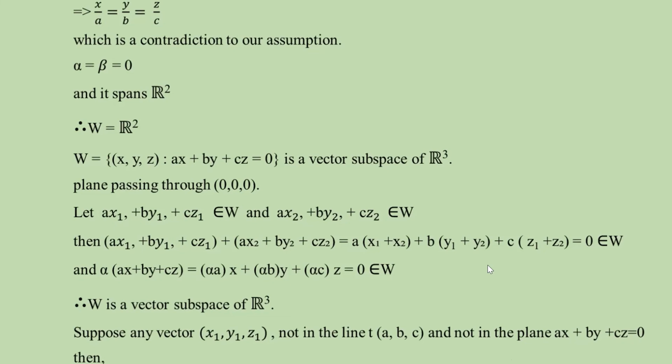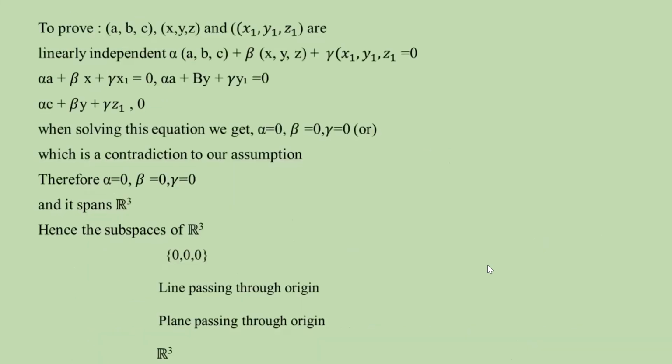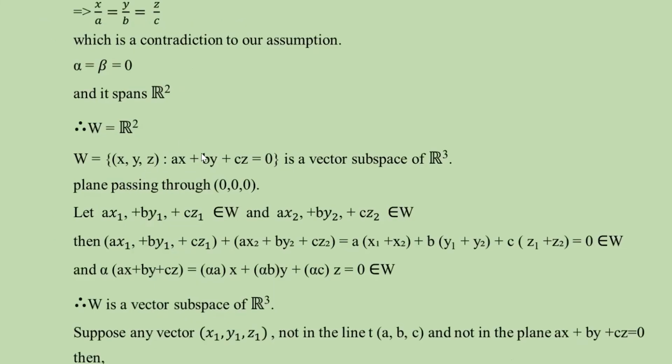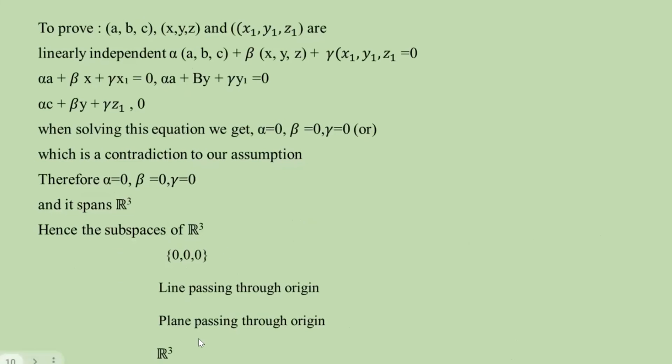Then what will happen? So we take one vector (x1, y1, z1) which is not on the line and not on the plane passing through origin. Now we have to prove that these three are a basis of R3.